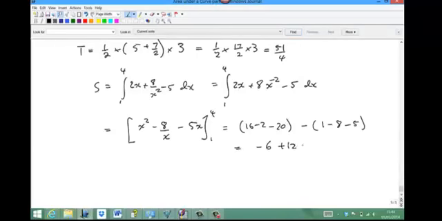So that's minus 6 plus 12, which is 6. So we have R, the region we require, is T minus S, which is 51 over 4 minus 6, that's 12 3/4 minus 6, so that's 6 3/4 square units.